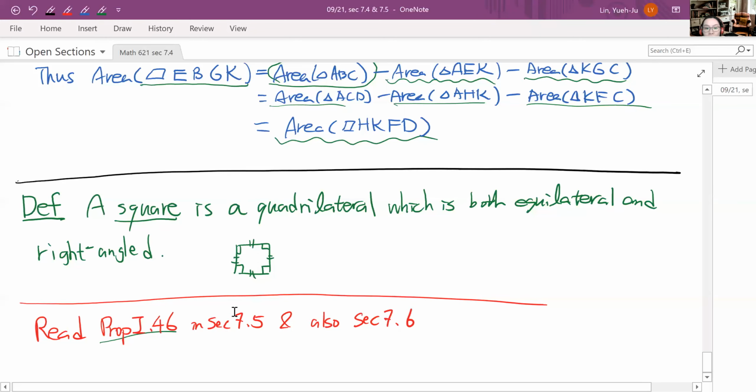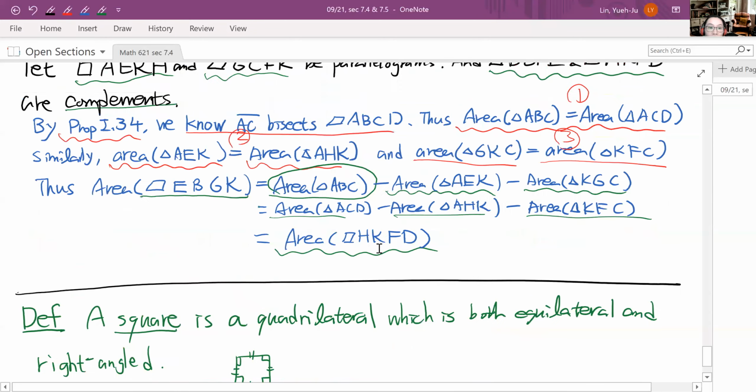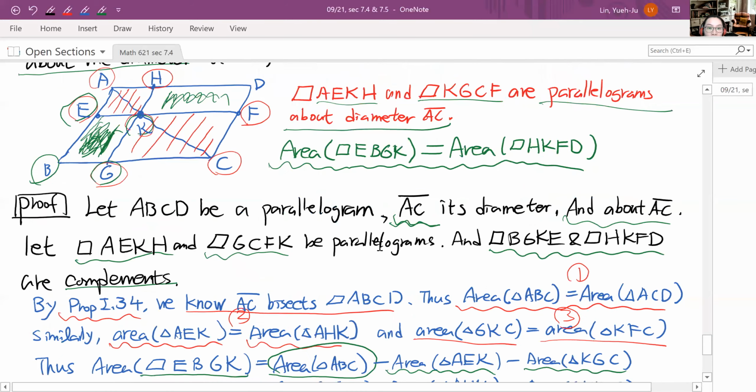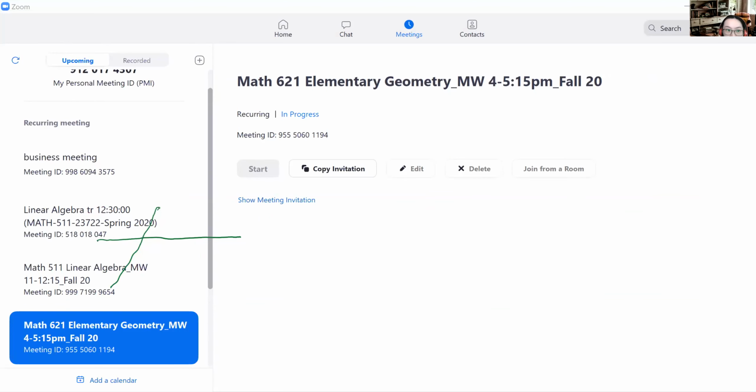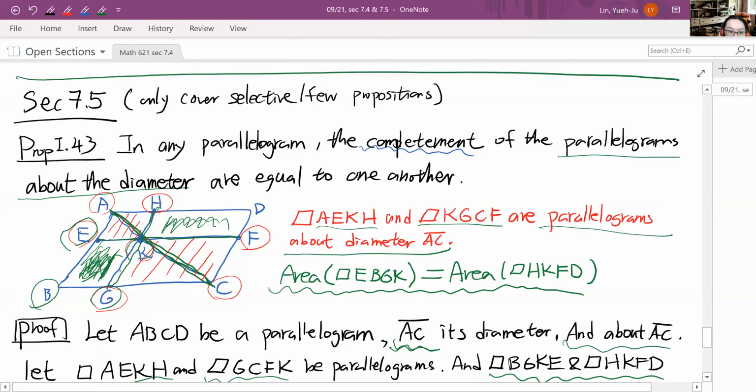Thank you. Can you go up to that proof real fast? What were you trying to prove again with all this? Oh yeah, so I'm saying that the off-diagonal. First you have ABCD, the biggest parallelogram, and you draw a diameter AC, and you draw another parallel line EF, and another parallel line GH.